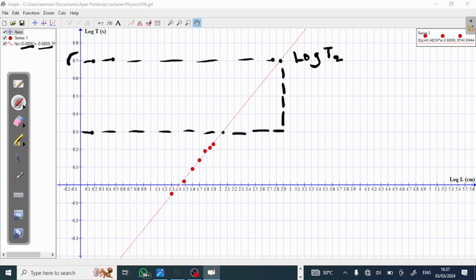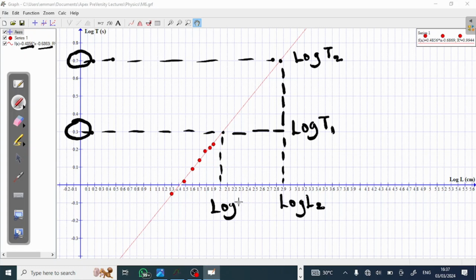This first point is log T2, 0.7. This second point here is log T1. If I trace this down here, this value becomes log L2. Trace this value down, this becomes log L1.